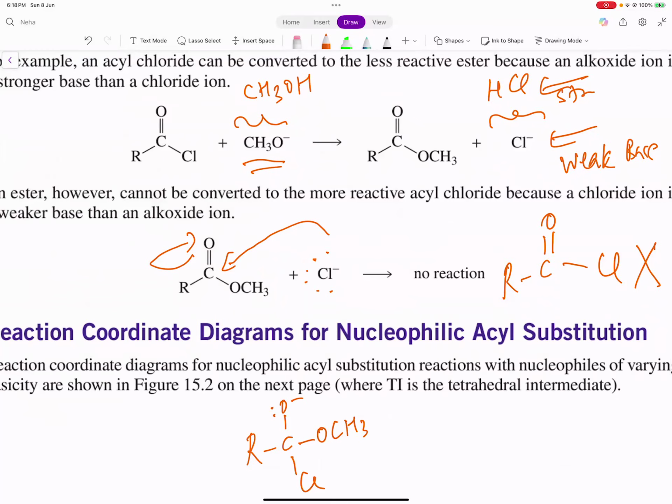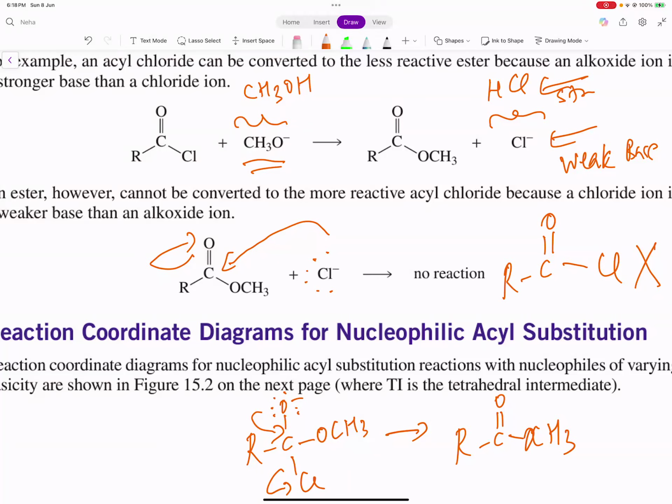Which will be expelled? Cl only will be expelled, right? Because it is a weaker base. So no product. So I cannot prepare a more reactive carboxylic acid derivative from a less reactive one.